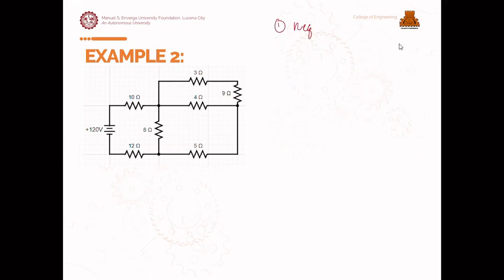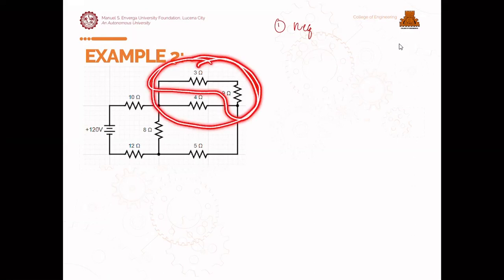Okay, so what we need to do is again, kunin natin yung total resistance ng buong circuit natin. So, pinakamadali is to simplify muna natin yung mismong circuit natin. So, dito maganda, since naka-series siya, pwedeng pagsamahin muna natin. No? And kapag pinagsama na natin siya, naka-parallel naman siya dito sa 4 ohms.